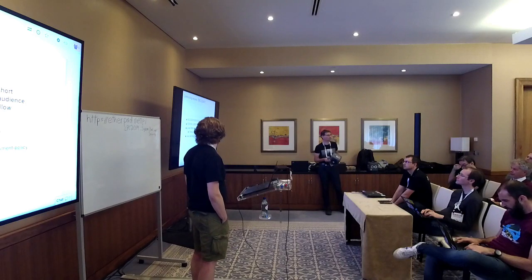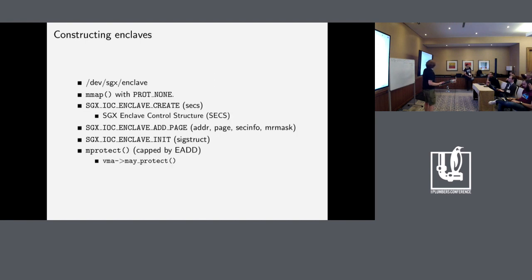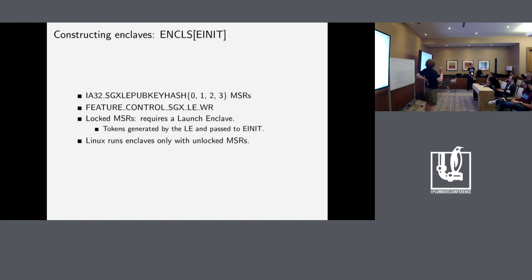So what flexible launch control brought was these new MSRs where you can fill in any public key you want, basically. The EINIT instruction has this SIGSTRUCT parameter that is used to provide the signed measurement for the EINIT, and it will be compared.